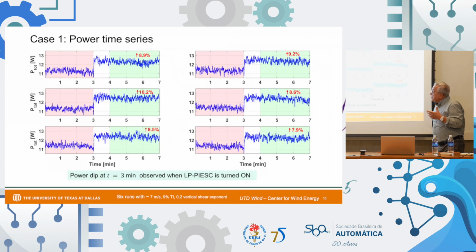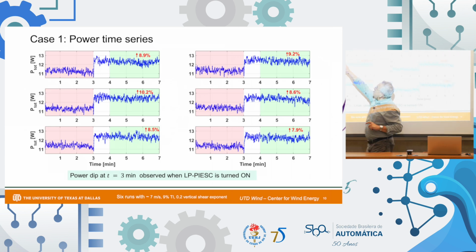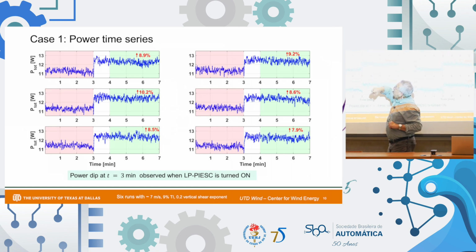You may want to see the time series in the power signal that correspond to the yaw angles that you saw before. These are the 6 realizations of the power signal. At the beginning, when you turn it on, at this scale, the power comes down.